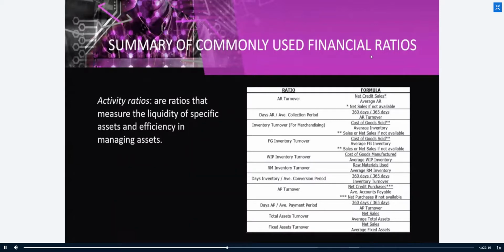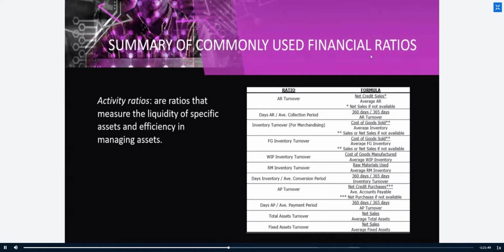For example, their accounts payable, payroll payable, or accrued payable. So what I'd like to do in this case, instead of just reading through these ratios, later on we'll apply it with a problem, and then we'll also discuss the interpretation of each of these ratios.